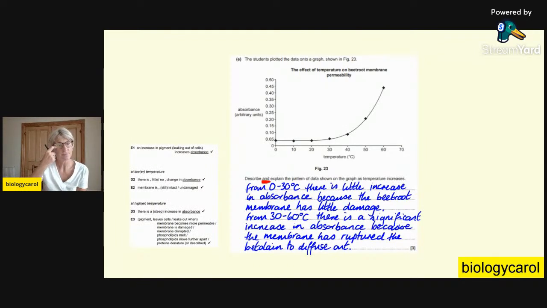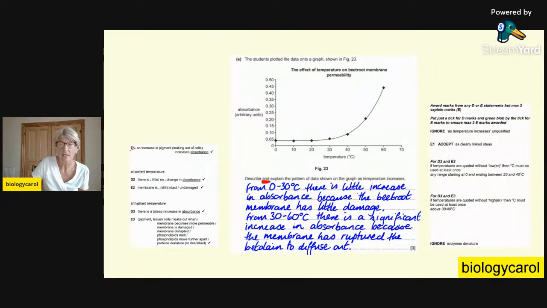So notice there are marks for description and marks for explanation. So I did not get E1. Oh sorry, here are the examiner's marks. So I got D2. There is little change in absorbance because it is undamaged.